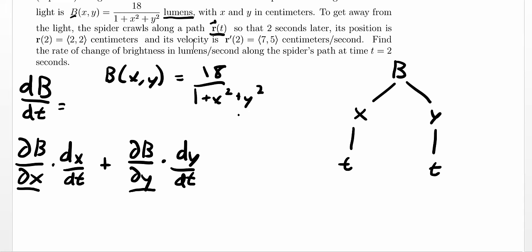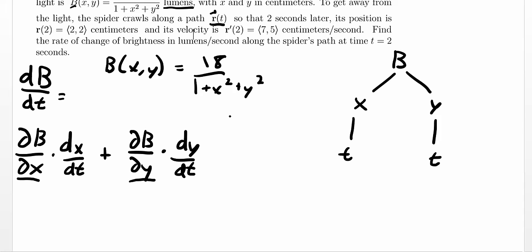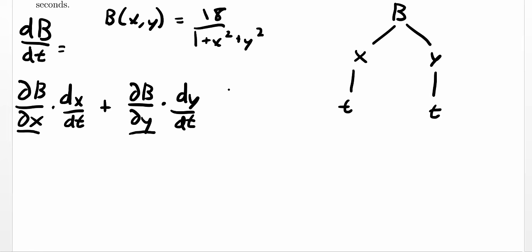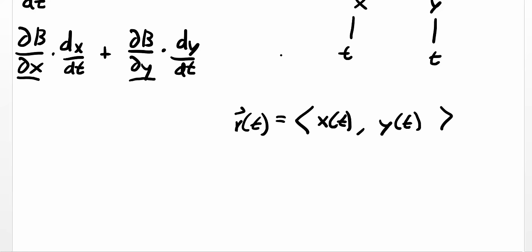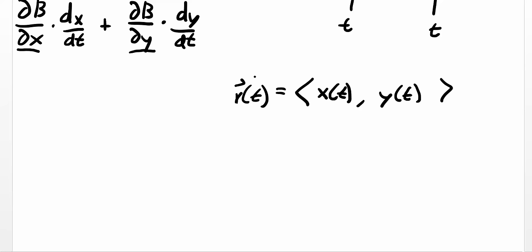But that's okay, because we have an r of t function. So remember that r of t is a vector function that contains the parameterized x and y functions, so x is a function of t and y is a function of t. What that means is that r of 2 equals x of 2 and y of 2.